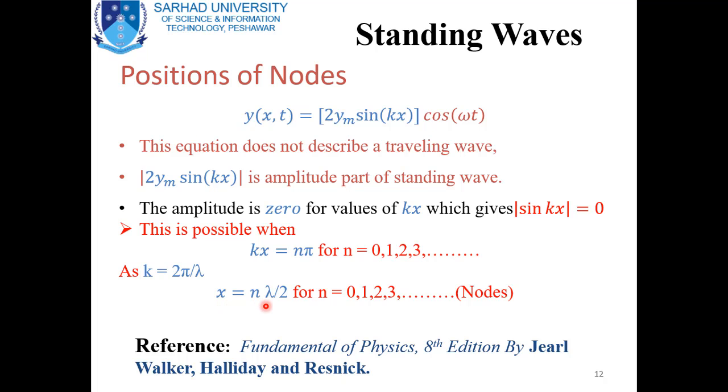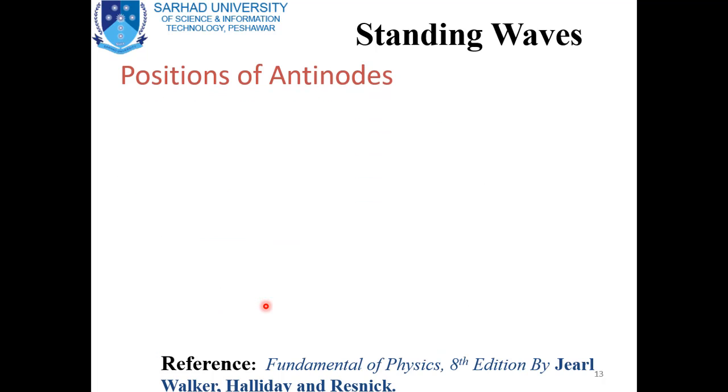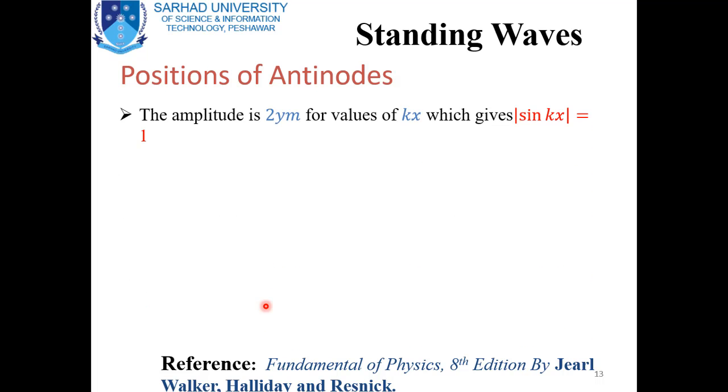This formula represents all the nodes appearing in the standing wave if the wave starts from the origin. In this slide we will find the positions of the antinodes of the standing wave. Antinodes are those positions where the particles of the medium vibrate with the maximum displacement. So the amplitude is 2ym for values of kx which give the modulus of sin kx equal to 1.